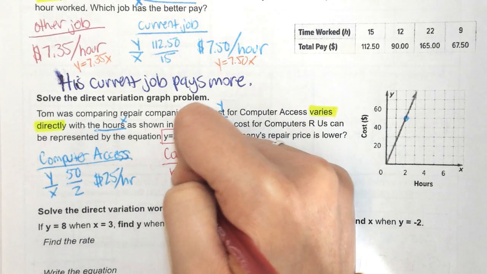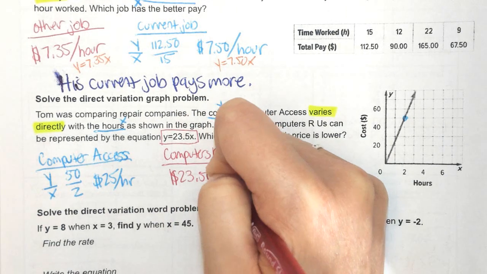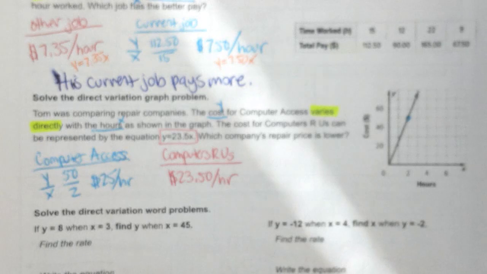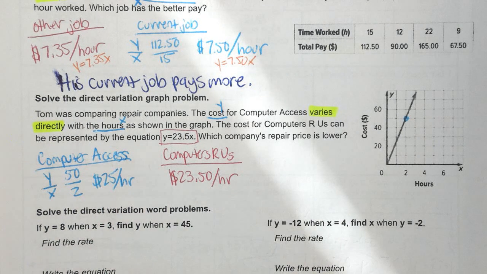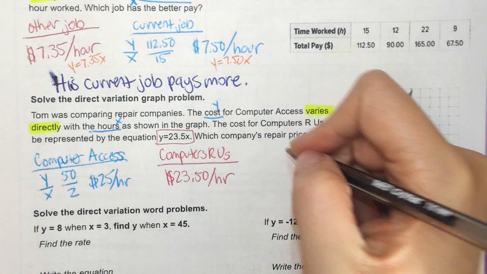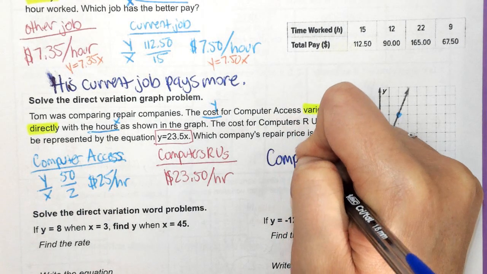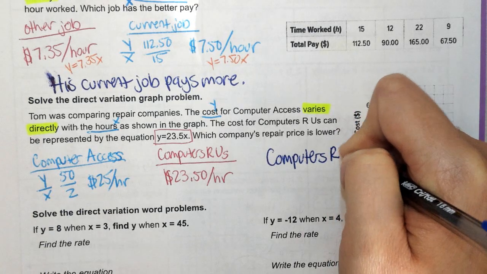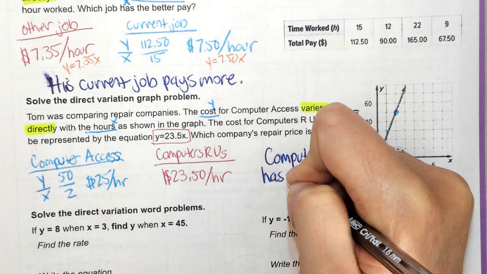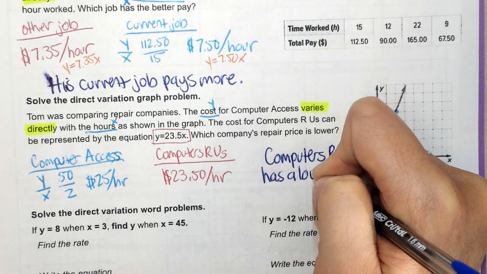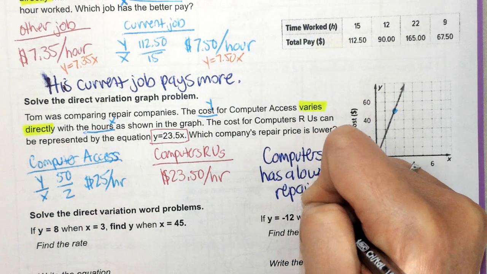Good job, $23.50 per hour. So now that you know both of those, which company's repair price is lower? Which one, Xander? Computers R Us. Very good. So Computers R Us has a lower repair price.